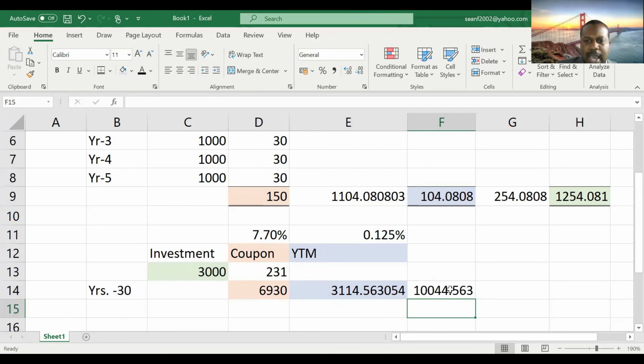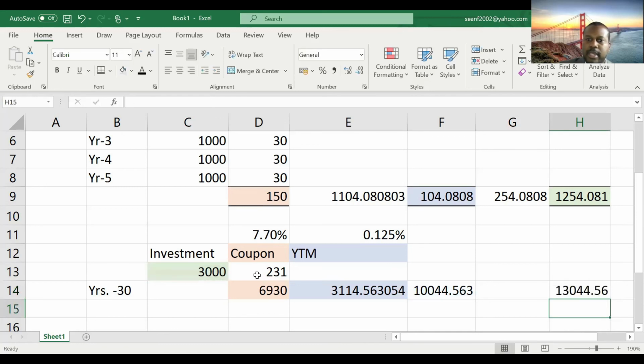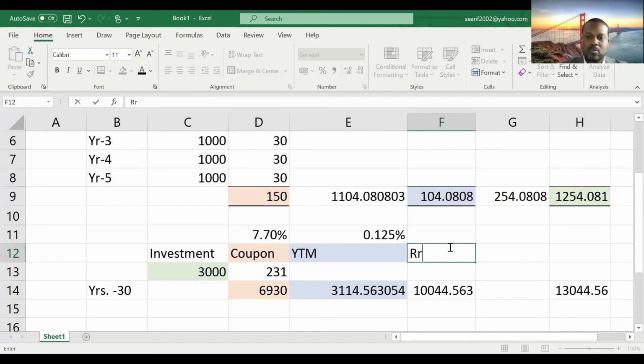If we were to add that all together, our position would be this plus. So this is just the interest.